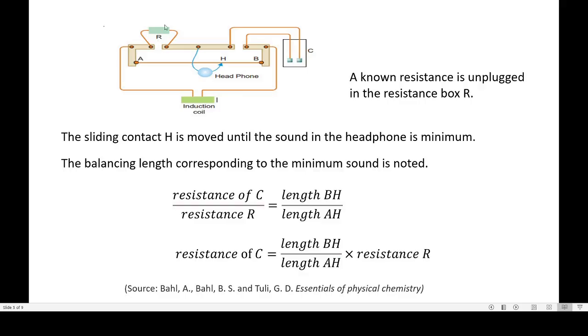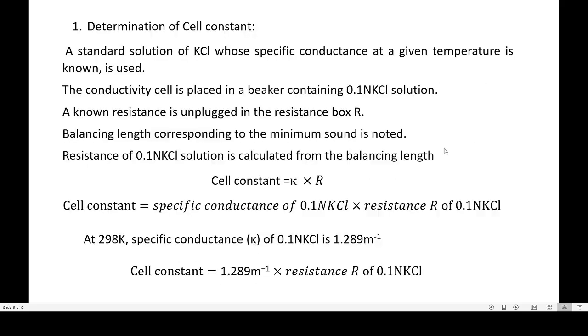So as said earlier, known resistance is unplugged in the resistance box, and the balancing length corresponding to minimum sound is noted, and using this expression, resistance of 0.1 normal KCl solution is calculated.